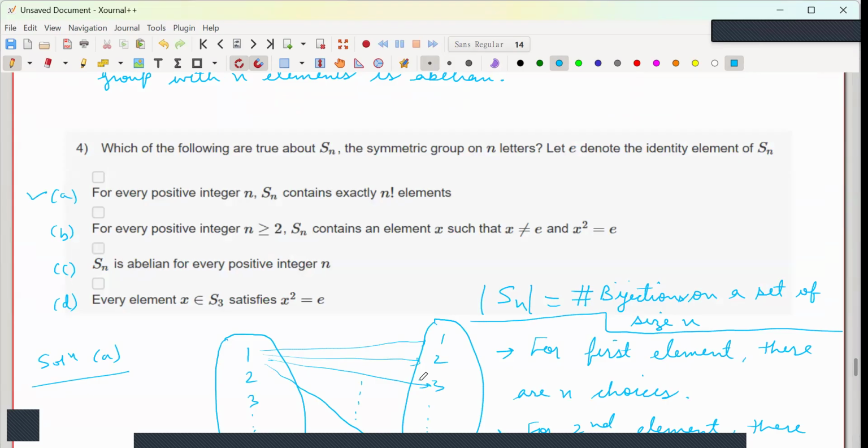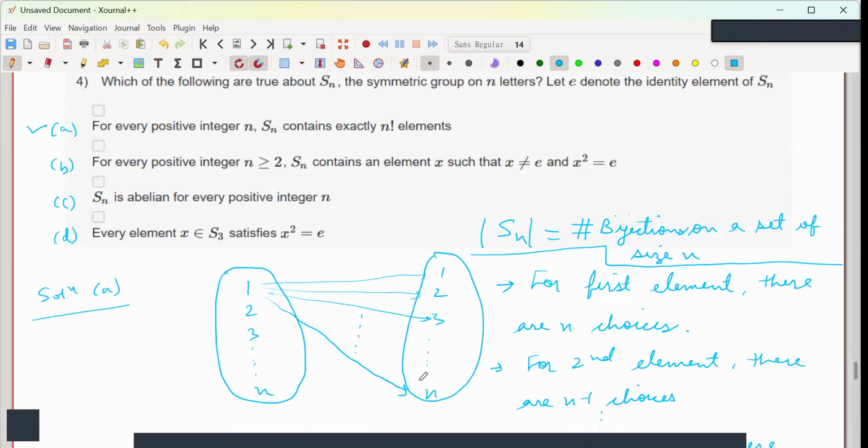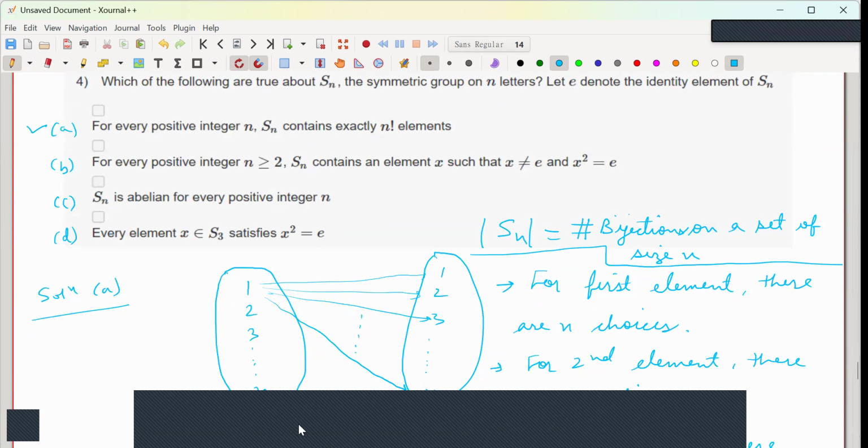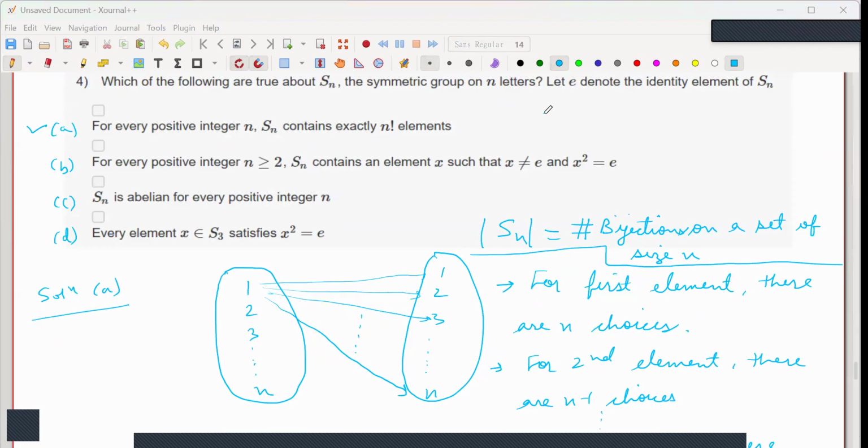Second one: for every positive integer n greater than or equal to 2, Sn contains an element x such that x is not identity and x squared is equal to identity. This is true. Why? Just consider the permutation which switches exactly two elements, so just two elements are moving. We can simply take x to be the element (1 2).